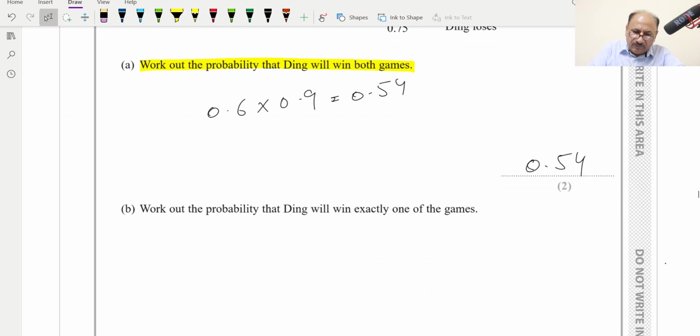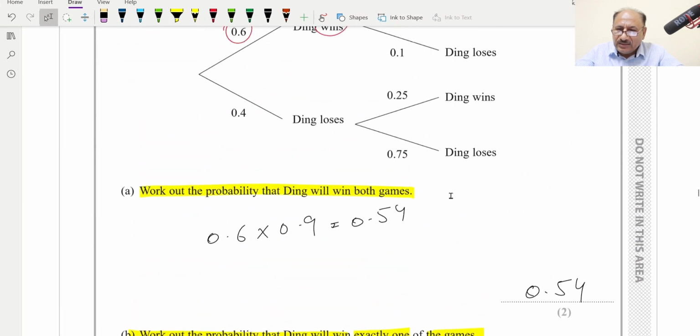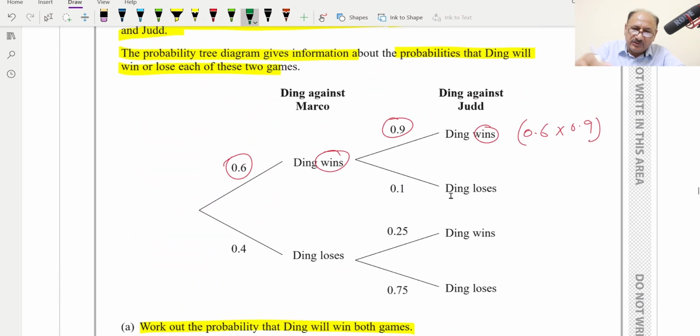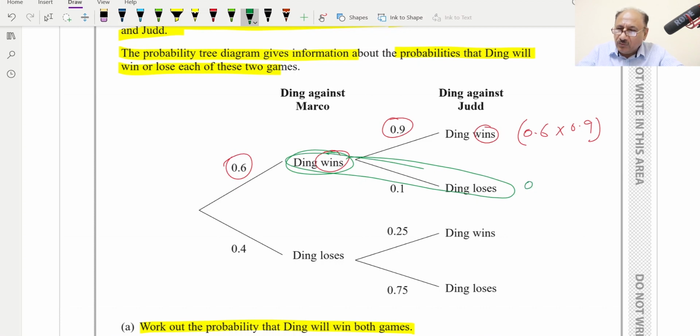Then B part, work out the probability that Ding will win exactly one of the games. Now how many are exactly one win? Exactly one win will be which one? This branch, this one, win and loss. This will be one branch which we will be taking, 0.6 into 0.1.